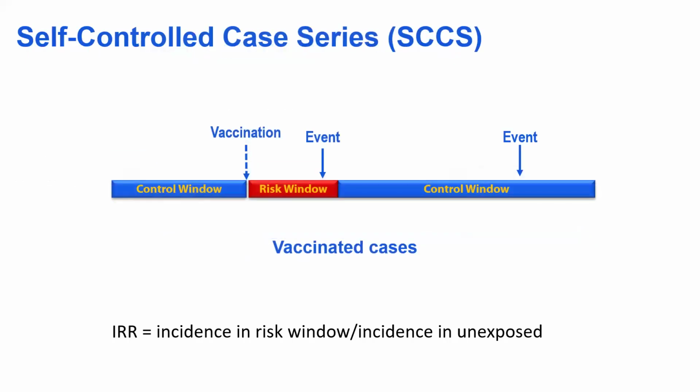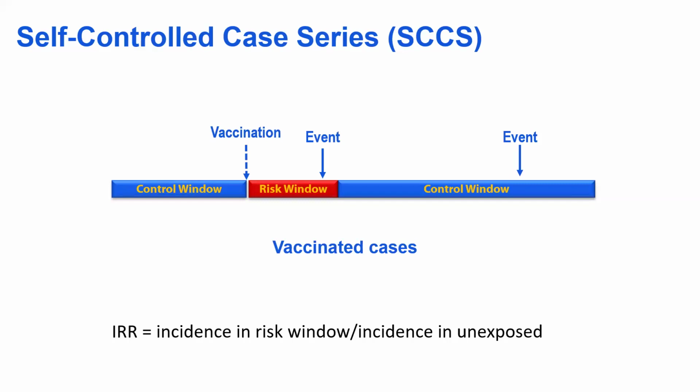And next is the self-controlled case series method. It's a case-only analysis that really revolutionized the field of vaccine safety. I would say we use self-controlled designs extensively in the VSD. So only cases, people who have the event of interest over a pre-specified observation period, are included in the analysis, and time periods before and after vaccination are compared.